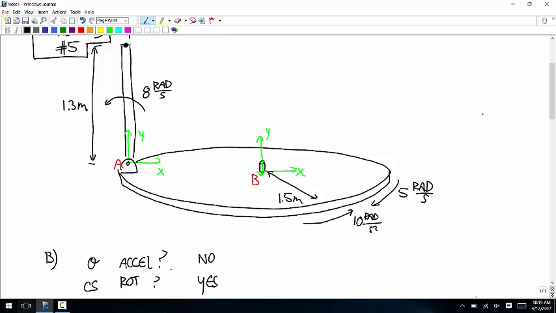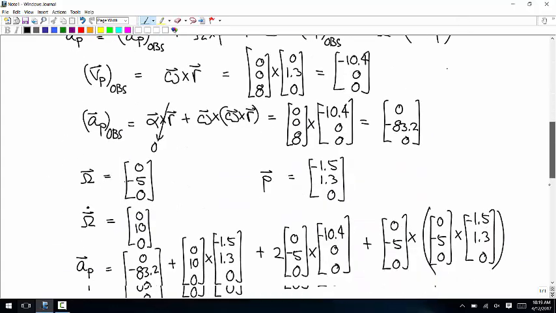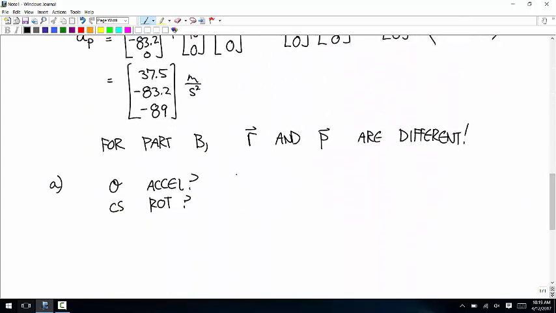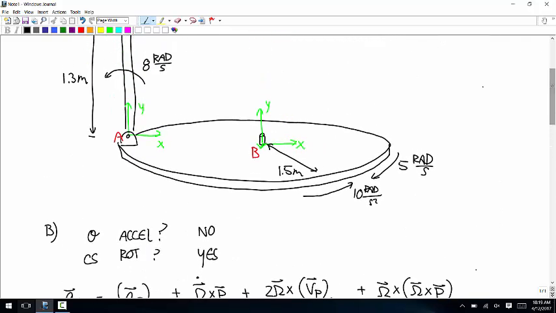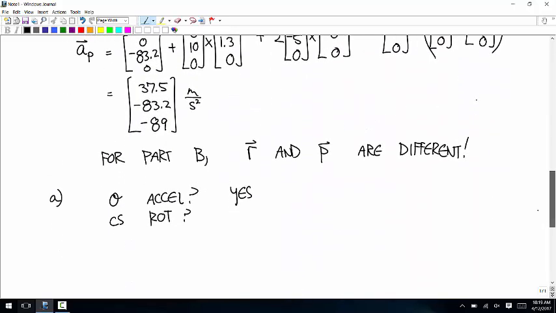So is that origin at A accelerating? Yes, and so we're going to have to use relative motion in this. And then, are the axes changing orientation? Yep.